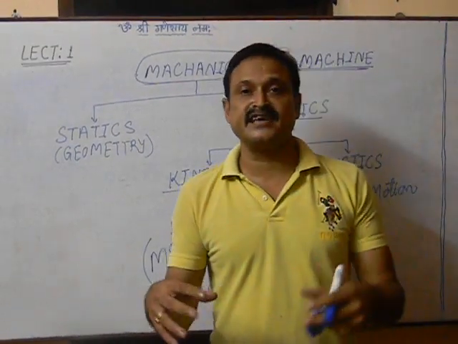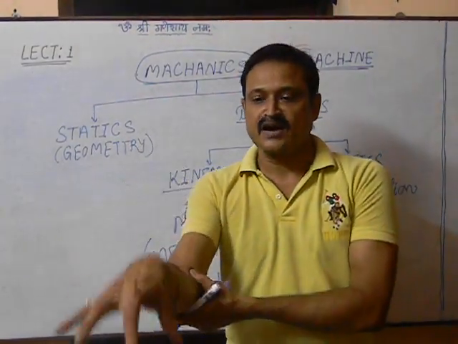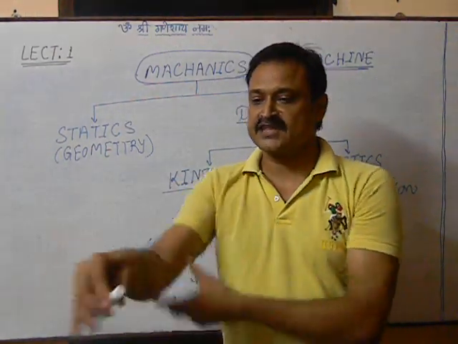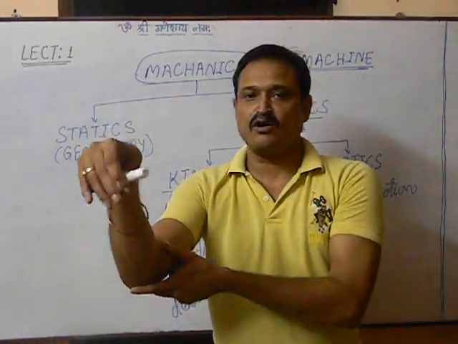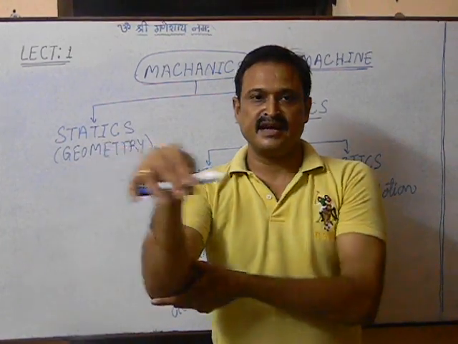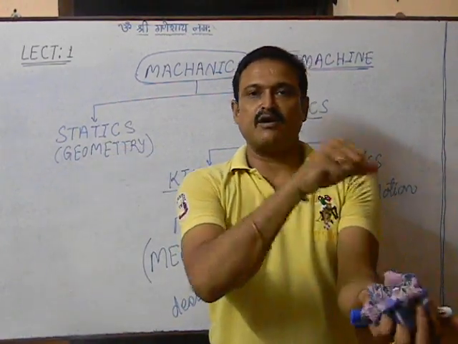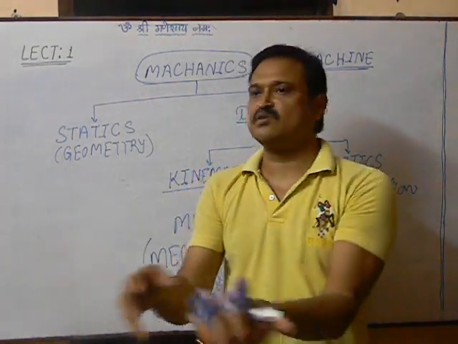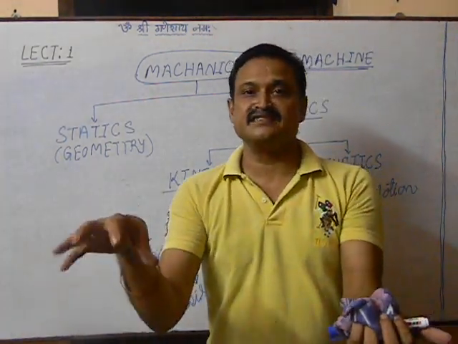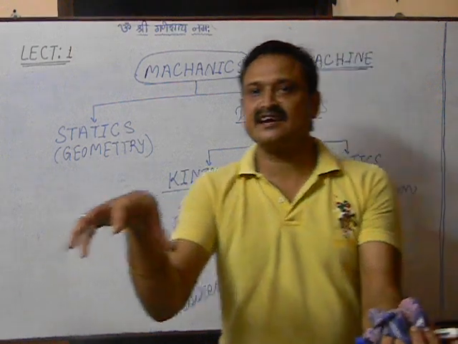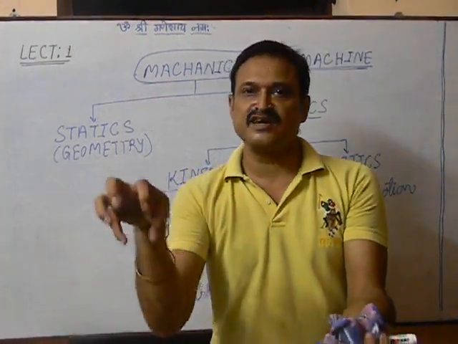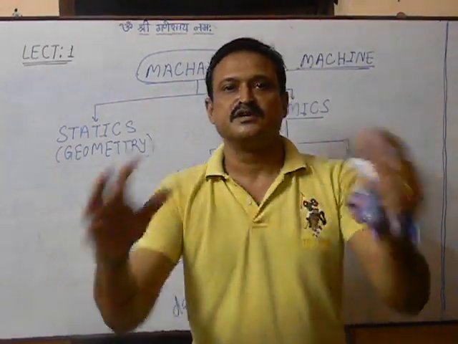Right? Wherein I am trying to understand the arrangement of these components together to give me desired motion. Like I have quoted the example of a robot arm. I have arranged these components together so that I can simply pick one object from station 1 and place it at station 2. Here I am least bothered about what I am picking up. My concern is that this entire arrangement should move or have motion from one location to another location.